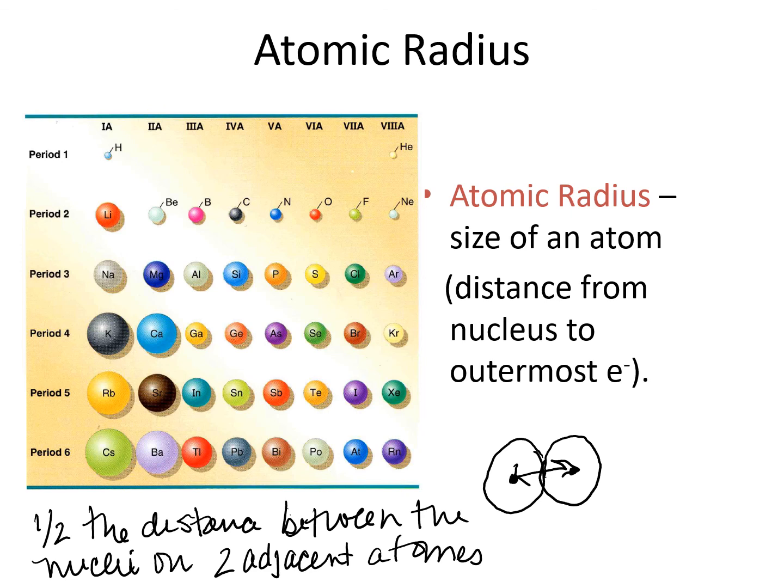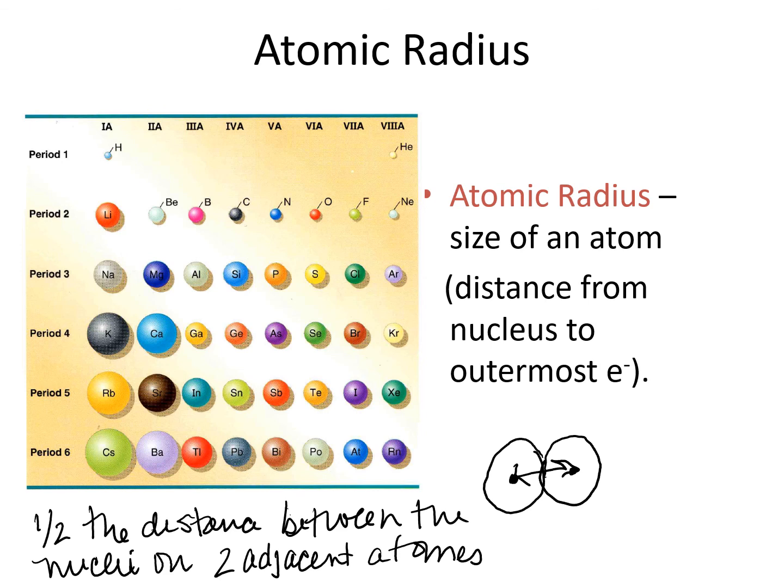Okay. And in large part, the atomic radius is determined by the strength of the attraction between the outer shell electrons and the nucleus.